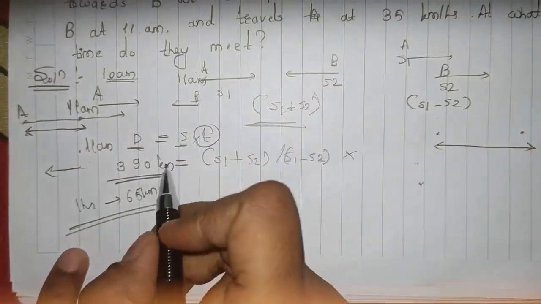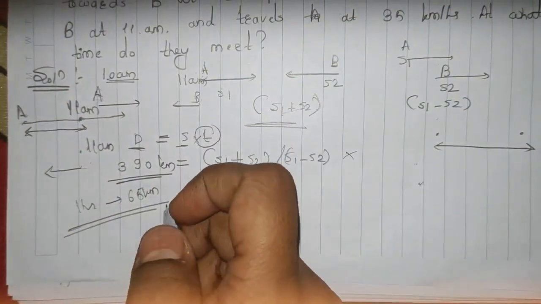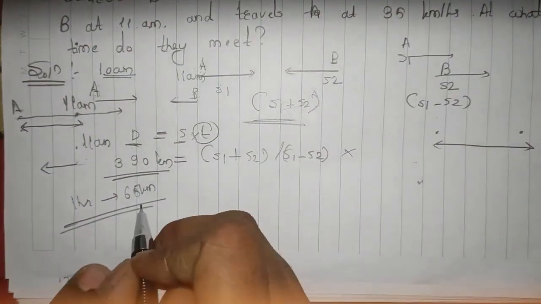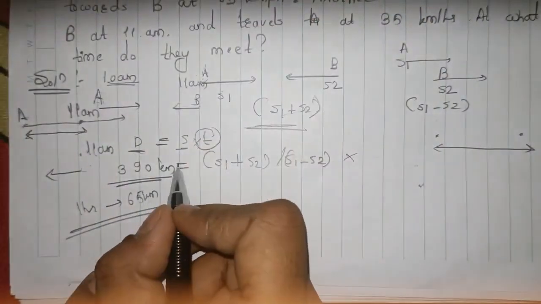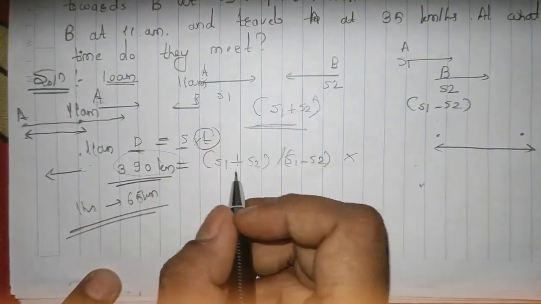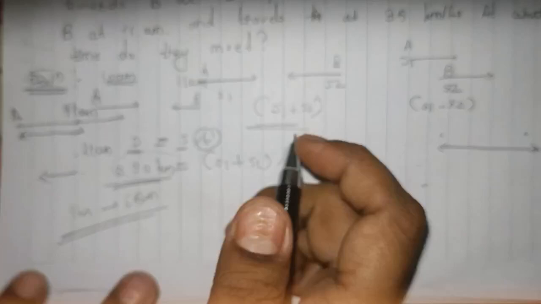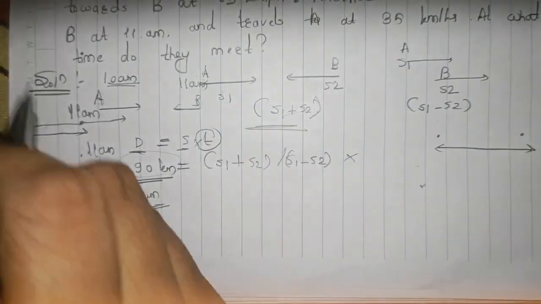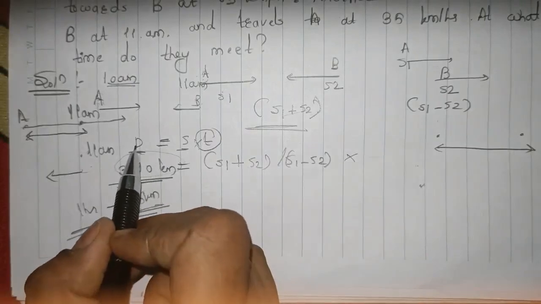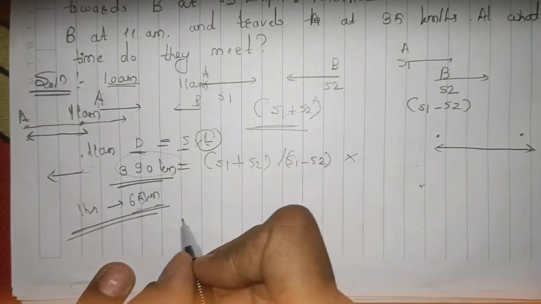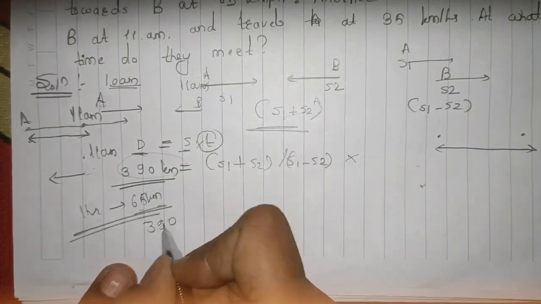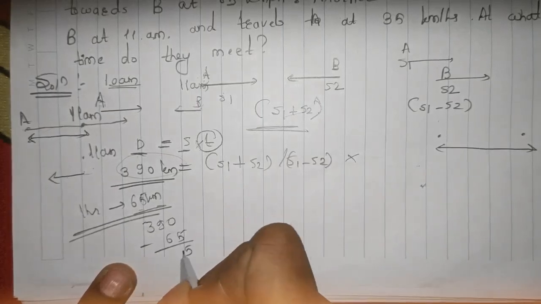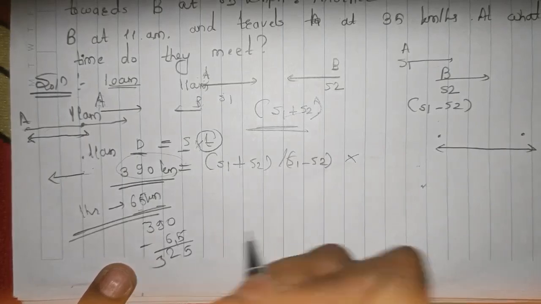Now as A has covered 65 km, we have to subtract the 65 kilometers from the whole distance, because this is the extra distance travelled by A when B was not moving. We have to consider from 11 am, so now 390 minus 65 is nothing but 325.